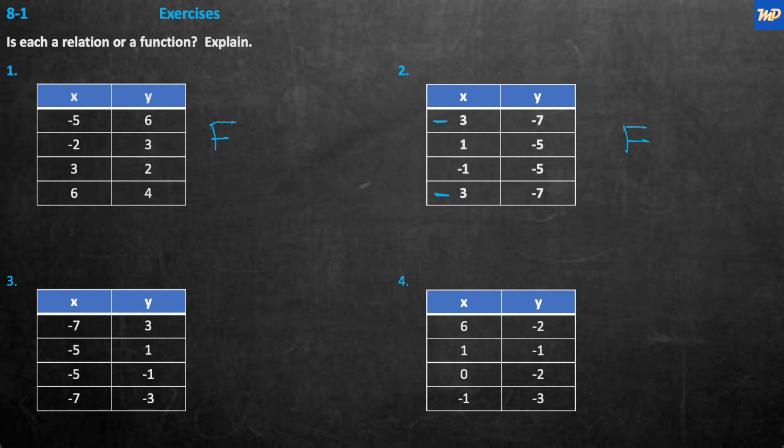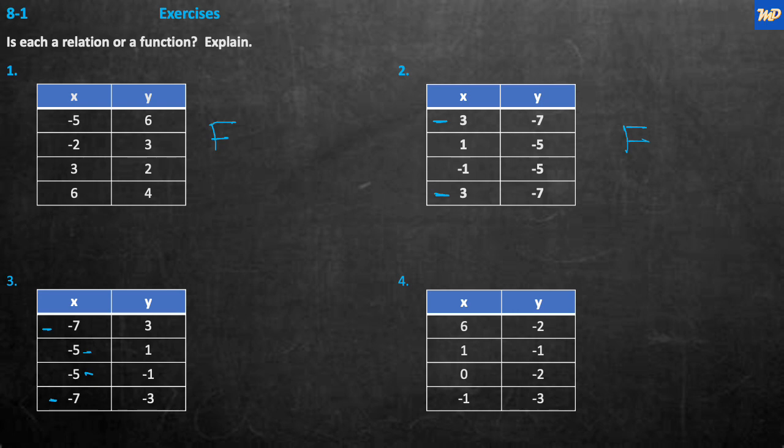Here, x, the domain value. We have a -7, a -7, a -5, -5. So this one and this one are a pair of the same number, and the 5s here are also -5s. So now we've got two times we're going to look at this. For the -7s, the -7s go to a 3 and a -3.